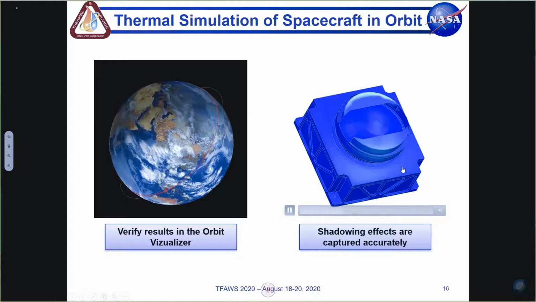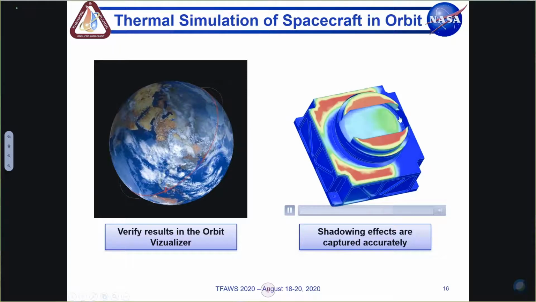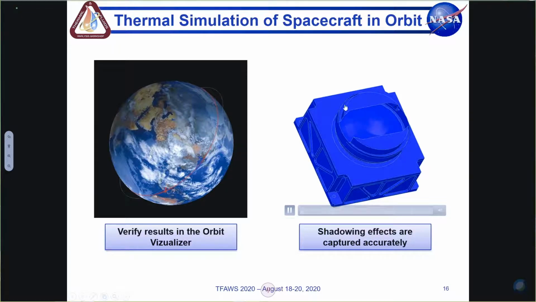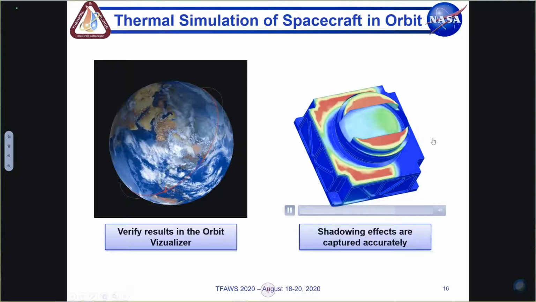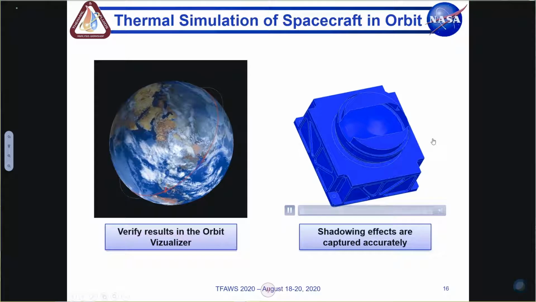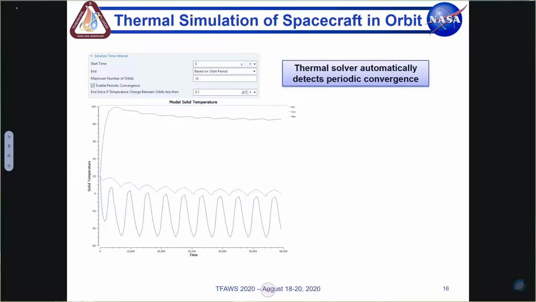So here we just look at just that IR sensor, and we look at the absorbed influx from the solar radiation. You can see that while it's behind the Earth, of course, there's no solar radiation absorbed, but as it starts to face it, then you can see areas where you may have increases in temperature because of the incoming solar flux.